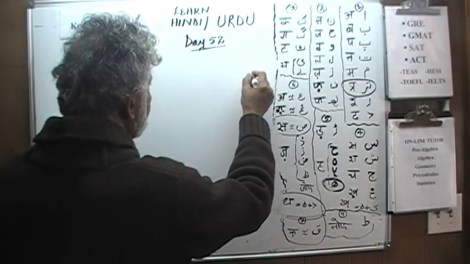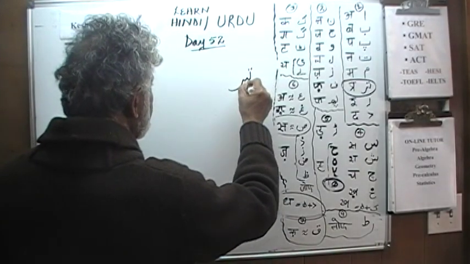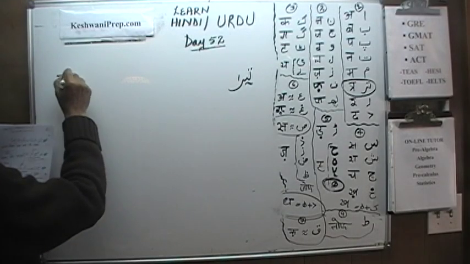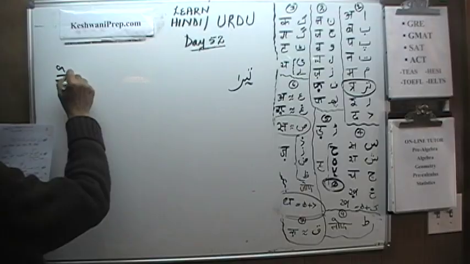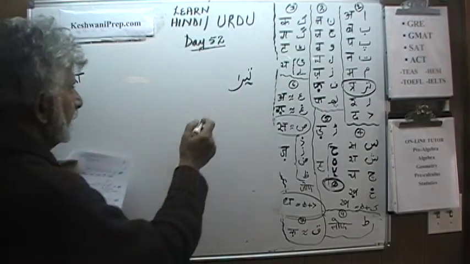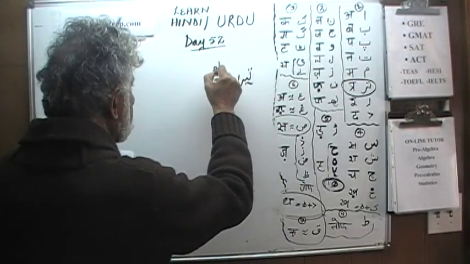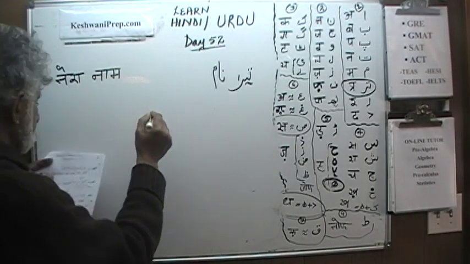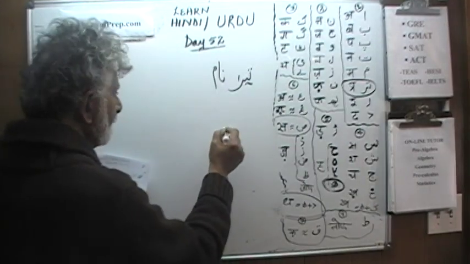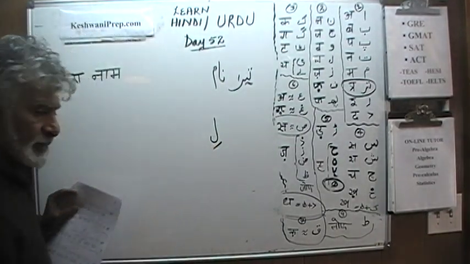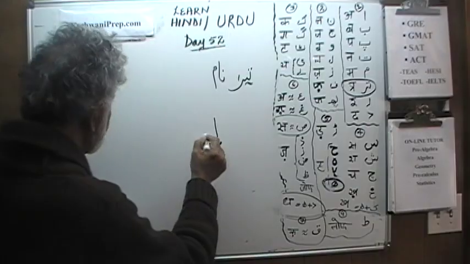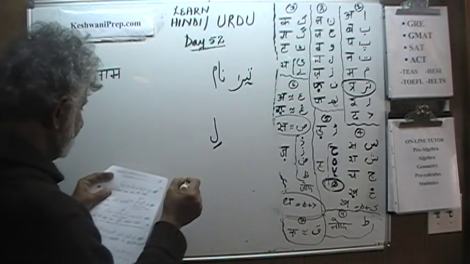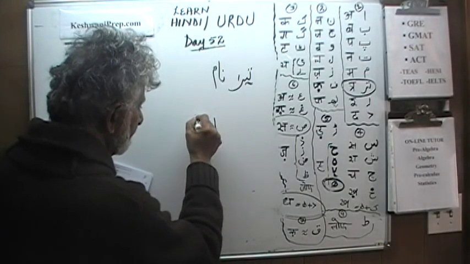The first word is तेरा. So one choti ek hi matra, Tera. Naam. Liya. Liya would be L with the choti ek hi matra, that's a Z right here, and then a ya.